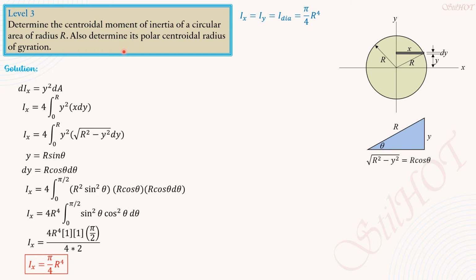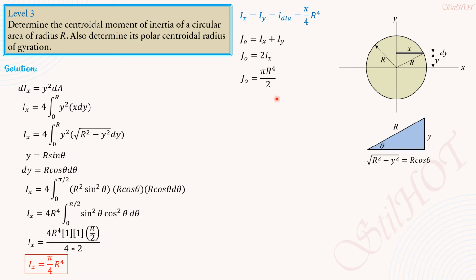Now let's proceed to the polar radius of gyration. Since Ix equals Iy, Jo, which is equal to Ix plus Iy, is for the whole circle 2 times Ix, or 2 times Iy. Since Ix is pi r to the fourth over 4, Jo equals pi r to the fourth over 2.